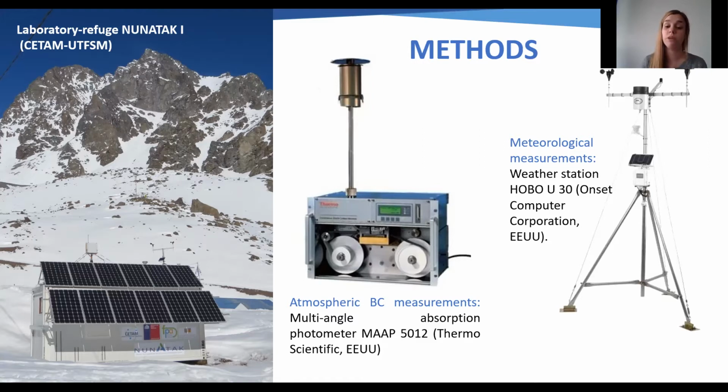It's an optical method that measures the black carbon concentrations at a wavelength of 637. And we also perform some meteorological measurements, like temperature and wind speed, with a weather station. Both instruments are very reliable, so we have long-term data from 2016 up to now.